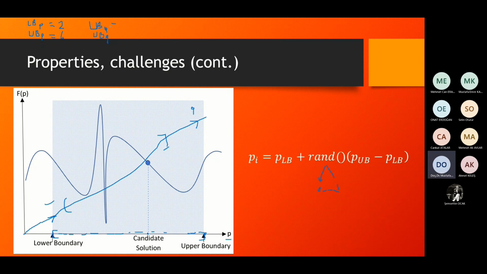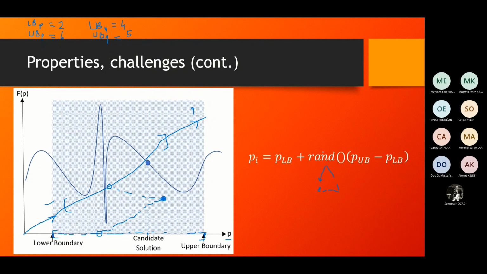The lower boundary of Q is, let's say, 4, and the upper boundary of Q is 5. If we would like to randomly create a solution, we should produce a random p-value and also a random q-value, because this is two-dimensional.